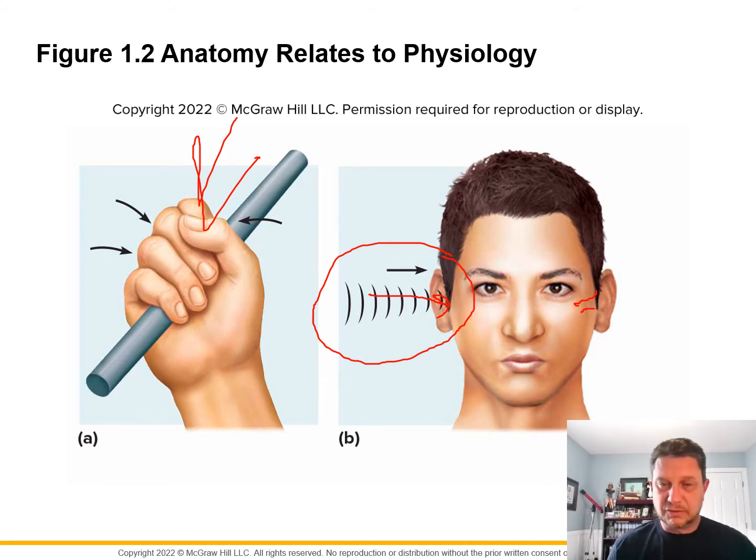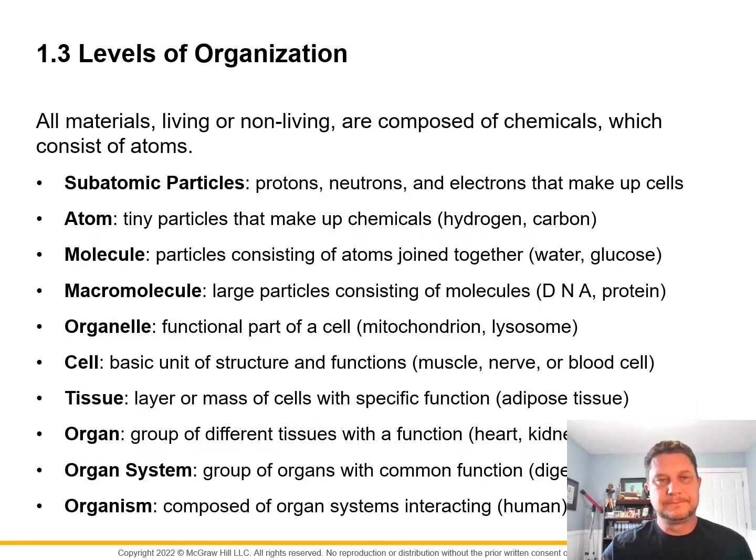The external auditory meatus, this canal that at the end of it, we have this really special membrane called the tympanic membrane. The average person calls it the eardrum. But the way the outer ear looks, which just seems no big deal, is specifically designed for its job. So the anatomy, the look of it, is totally intertwined with what it does, the physiology.